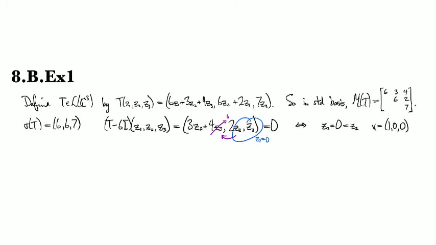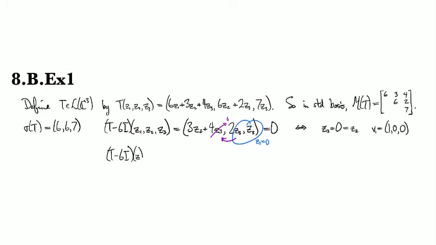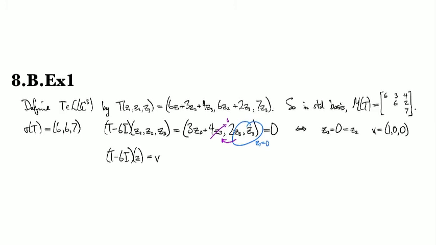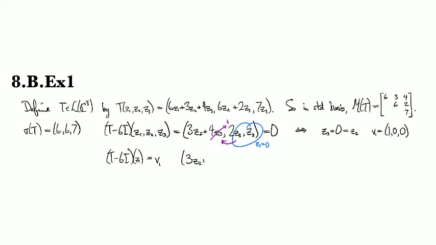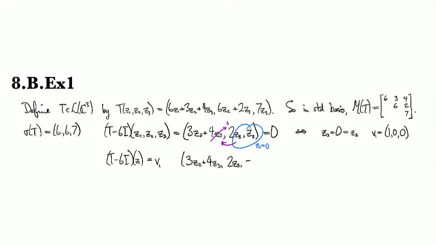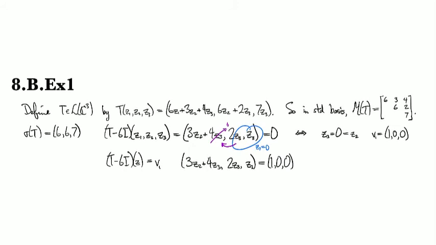And then to look for generalized eigenvectors, we say, what about if we have T minus 6I applied to z equal to v1? So then we're looking at 3z2 plus 4z3, 2z3, z3 equals 1, 0, 0.